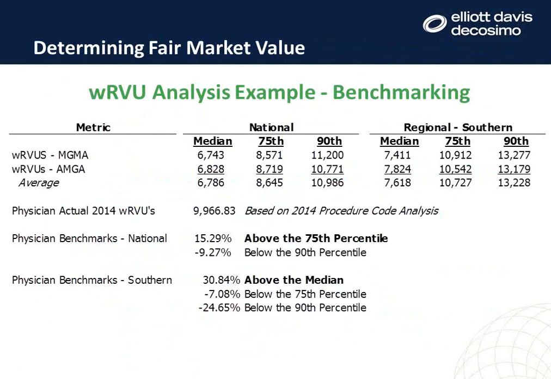And you can see that there's a significant difference here between the national and the regional. In this case, we've published the southern number, and then we've just kind of quantified on a percentage basis how much they vary. So this physician, in this case, was above the 75th percentile on the national survey, but below the 75th percentile on the southern survey.